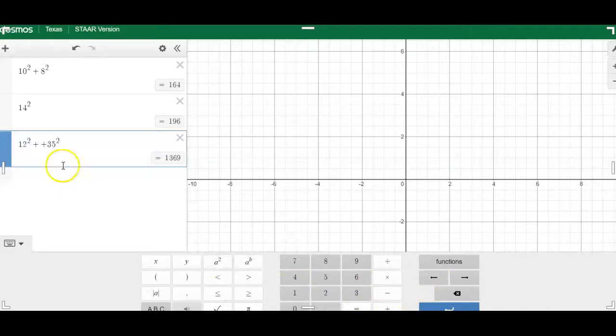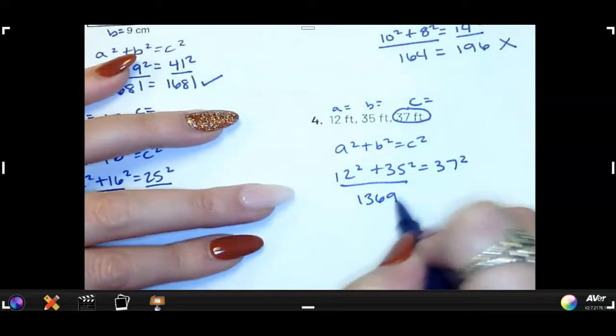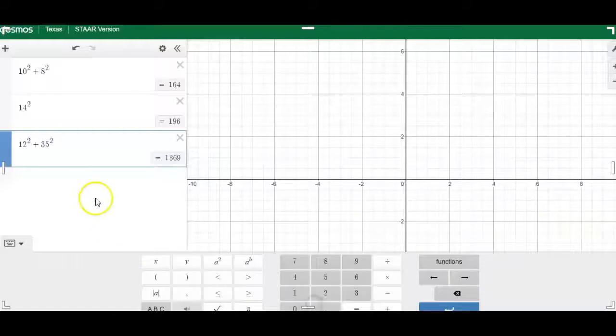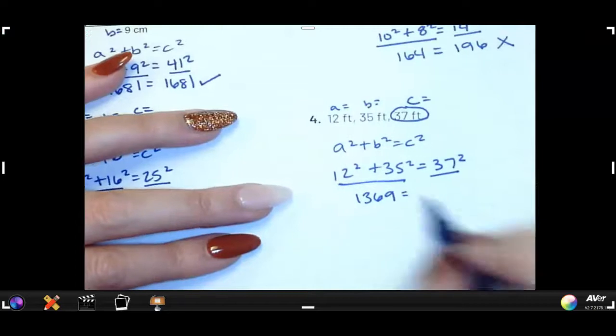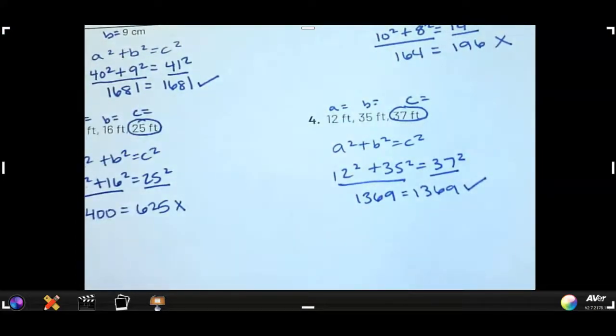This is not working out for me today, guys. I am sorry. 1,369. Okay, and if we put 37 squared into Desmos, 37 squared, it also gives us 1,369. So this is a right triangle.